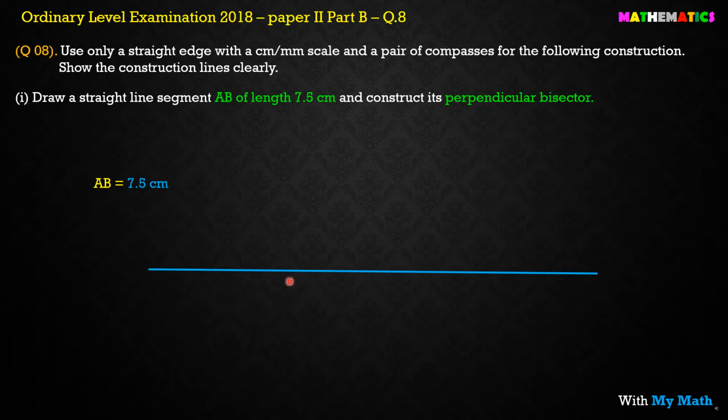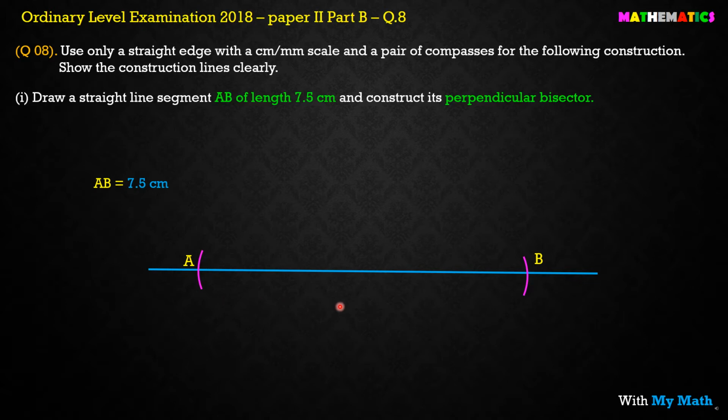Then you can mark it by pencil as an arc, and then put your compass here and mark it here. So this gives you A and B. It is already a 7.5 centimeters line.